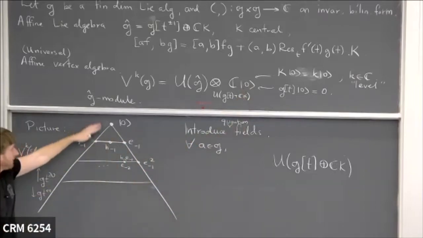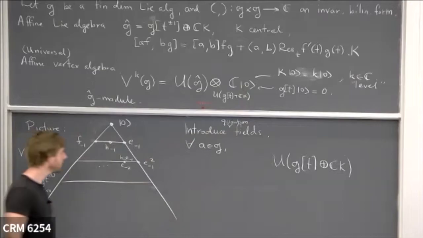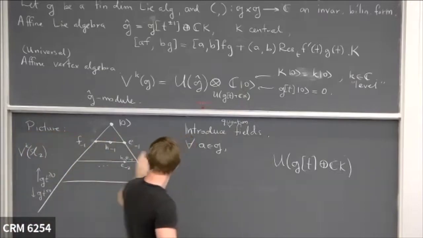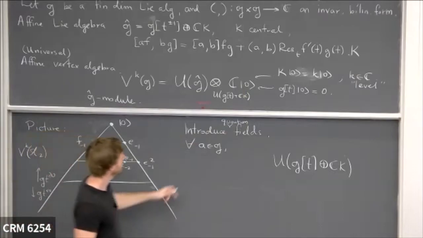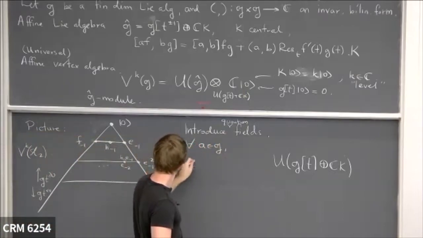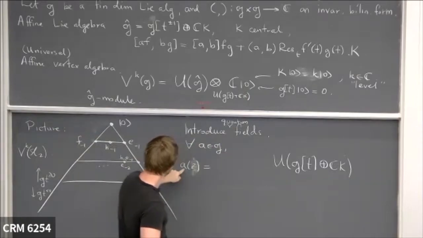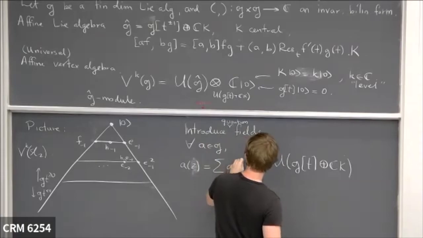Yeah, and the fact that it looks like this is basically the PBW theorem for Lie algebras. Okay, so it's a module for the Lie algebra. It's also a vertex algebra. For this, I need to introduce quantum fields. For each element A in the Lie algebra, I have all these operators A t to the n.